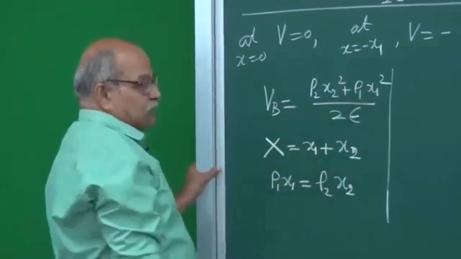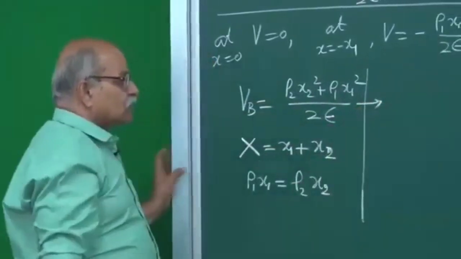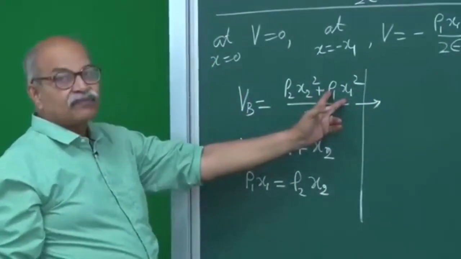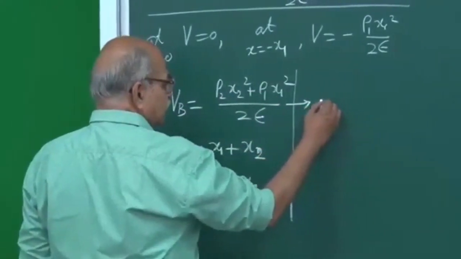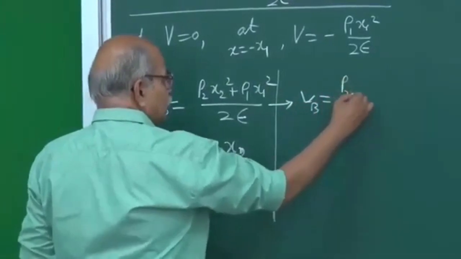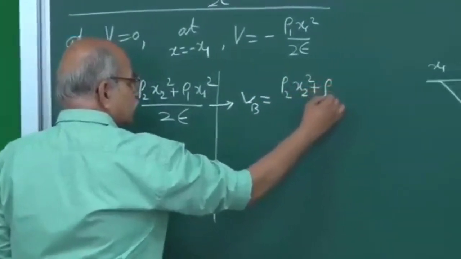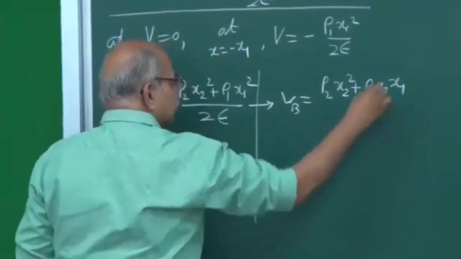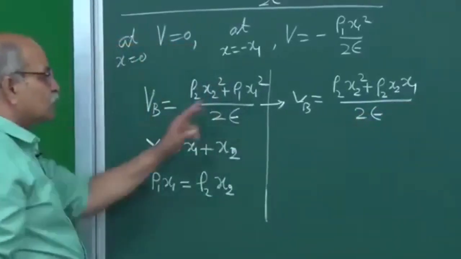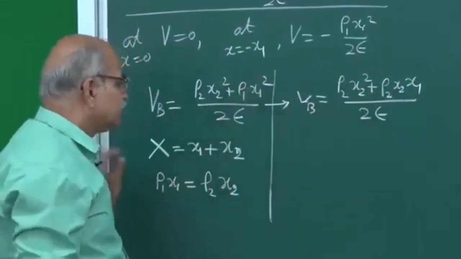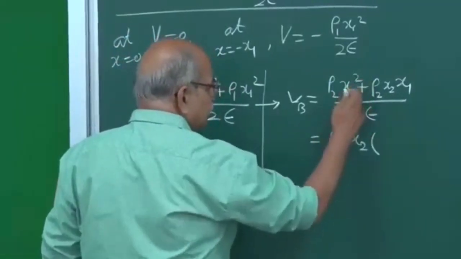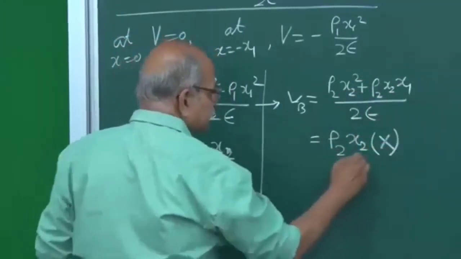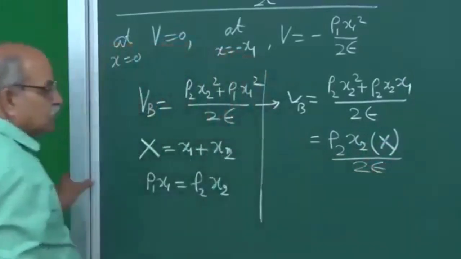From these we can write capital X in terms of VB, rho 1, rho 2, eliminating x1 and x2. First step is to write rho 1 x1 as rho 2 x2. Use this equation here. So VB is equal to rho 2 x2 square plus rho 2 x2 times x1, right? This rho 1 x1 is rho 2 x2, and one more x1 here. You take rho 2 x2 common and you get x2 plus x1, which is capital X. So this is one.